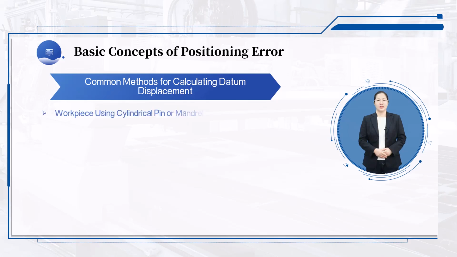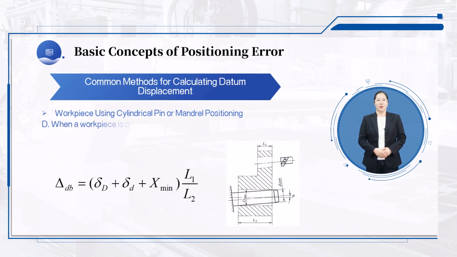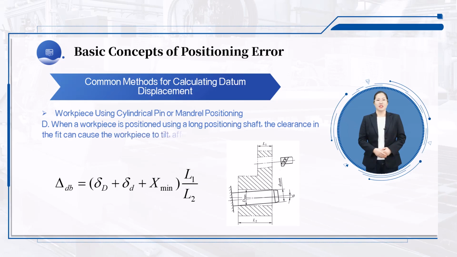Workpiece using cylindrical pin or mandrel positioning. D. When a workpiece is positioned using a long positioning shaft, the clearance in the fit can cause the workpiece to tilt, affecting the parallelism requirements of the workpiece.